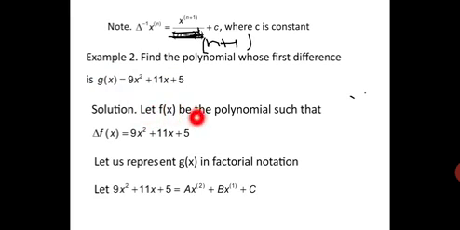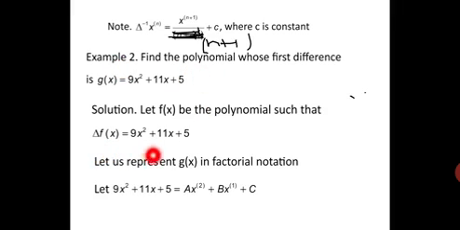Let f of x be a polynomial such that delta of f of x is equal to this. We have to find the polynomial.